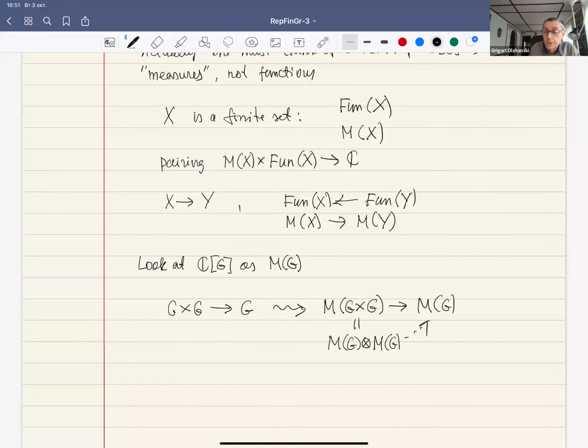So this is exactly the definition of the product on the space of measures.